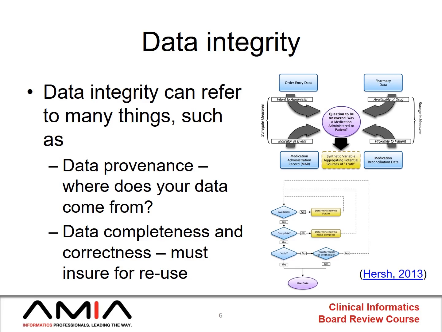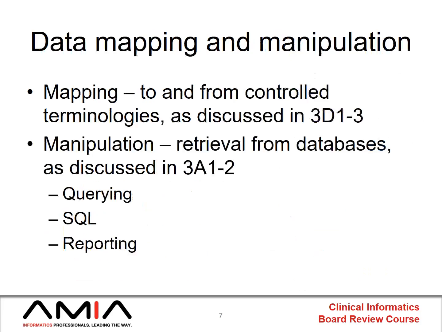Other aspects of data integrity are completeness, so being certain that all the data is present, and correctness, that the data actually represents what happened in the real world of the clinical setting. We need completeness and correctness if we want to best reuse clinical data for other purposes.